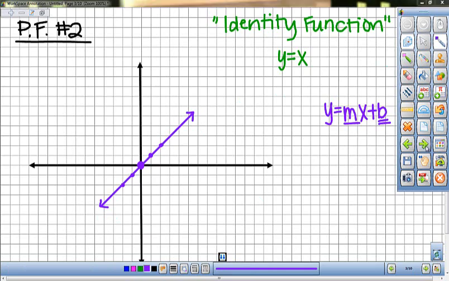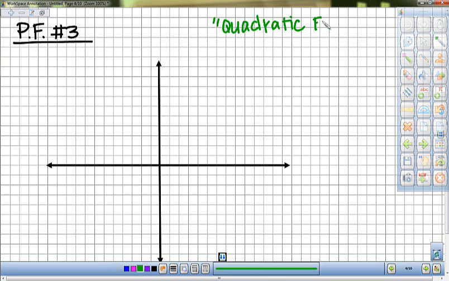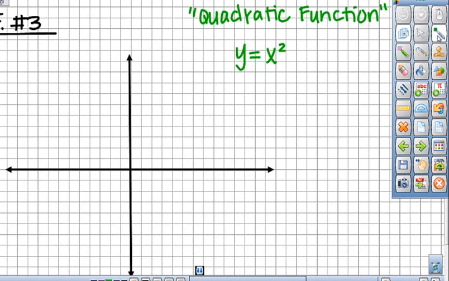Alright, good. Next up is our quadratic function. You dealt with this a lot in Algebra 2. And that is your x squared. Y equals x squared is the parent function. Okay, and remember there's a couple of ways that people go about graphing this, just because people think in different ways.